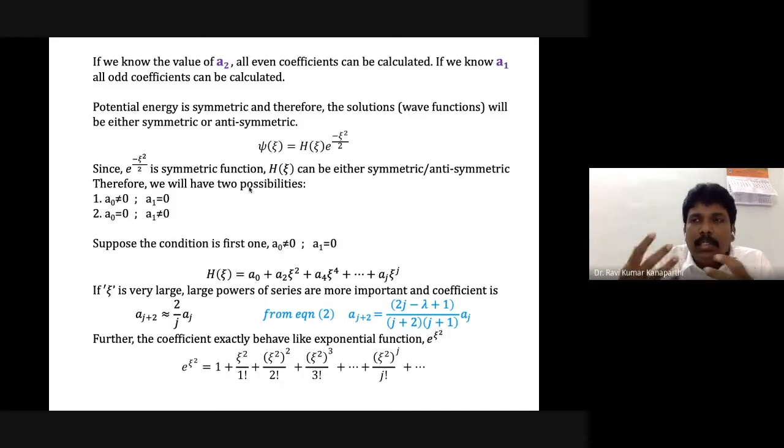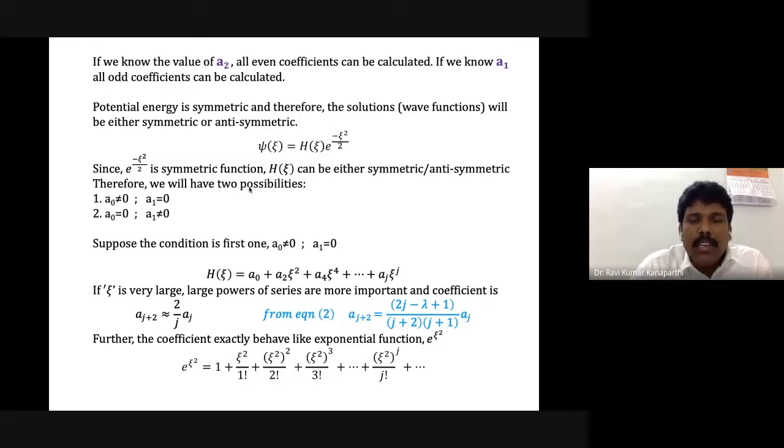So since it is a symmetric function, then we derived one expression previously. If the potential of the system is a symmetric one, then it is possible for us to categorize the wave functions into either symmetric or anti-symmetric functions, right?